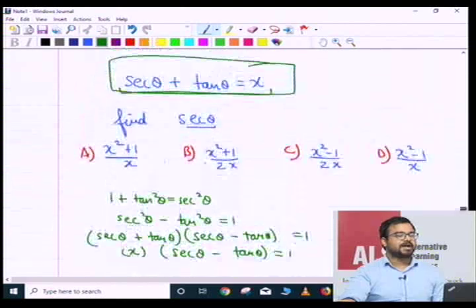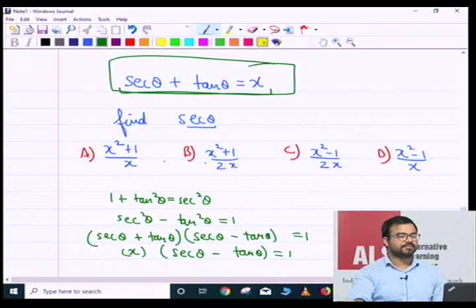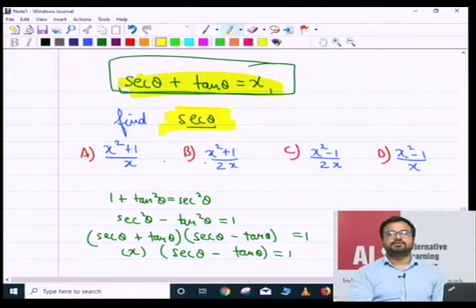See, it is given sec theta plus tan theta is equal to x. We have to find sec theta. So what we will do, I have used this identity: 1 plus tan square theta is equal to sec square theta. Sec square theta minus tan square theta is equal to 1.